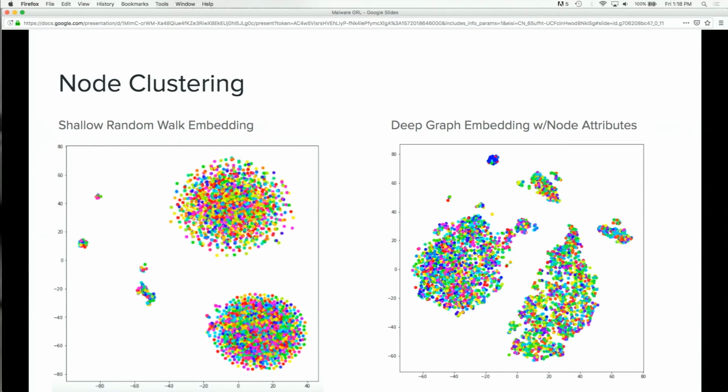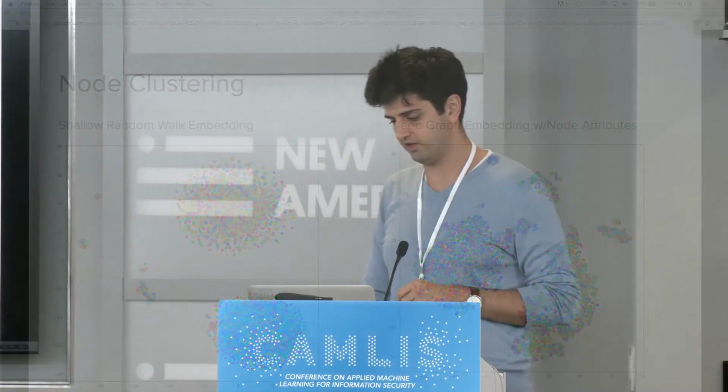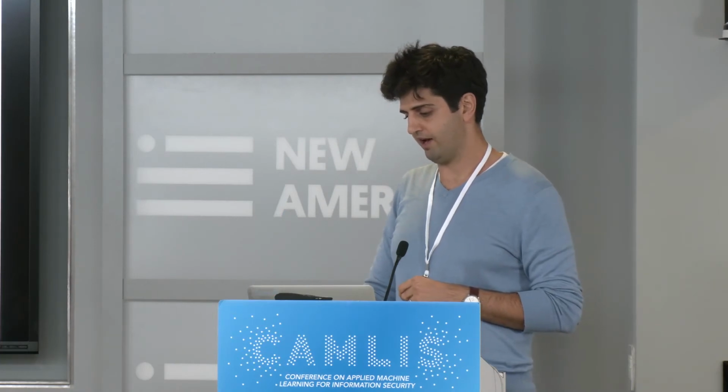You start to get more heterogeneity in some of the communities in terms of which labels they might have. And so that's one of the benefits of doing deep graph embedding: your lower space can capture more structure and more nuance about the graph that you have.